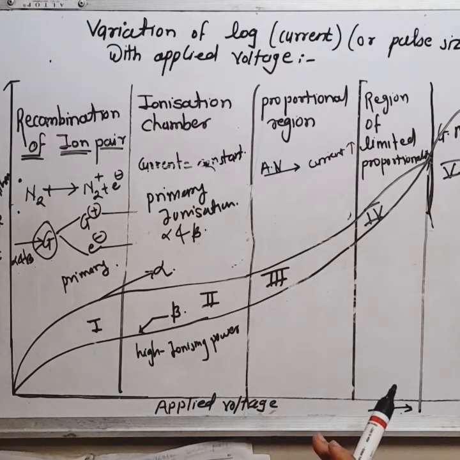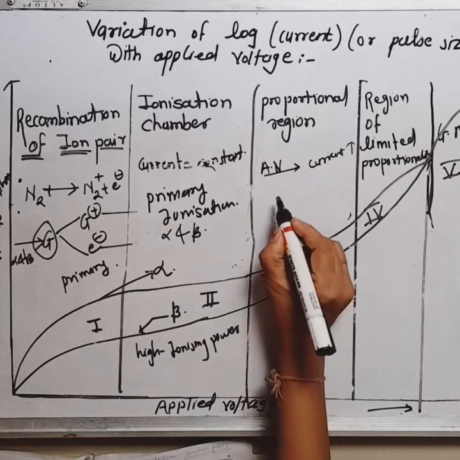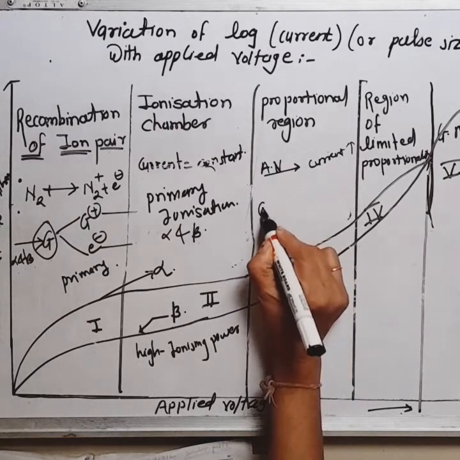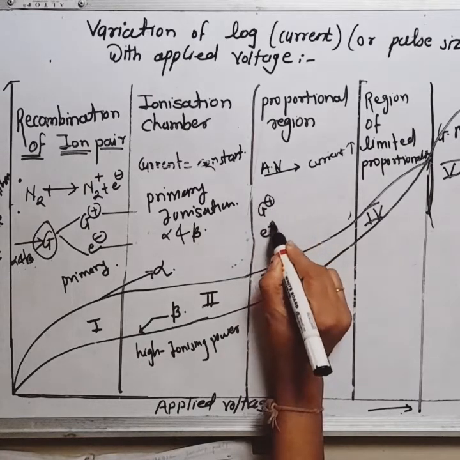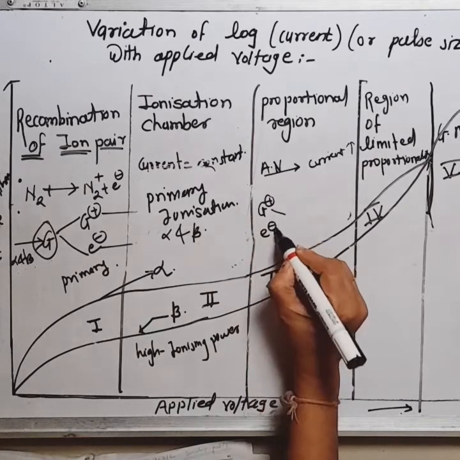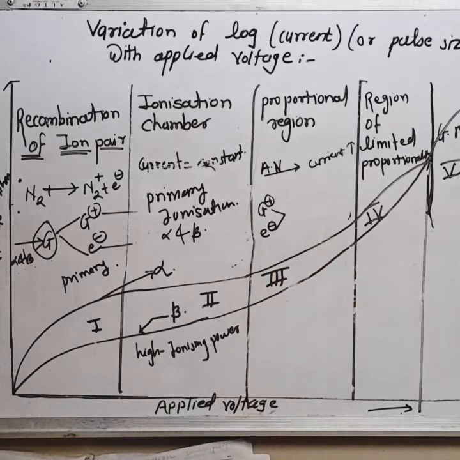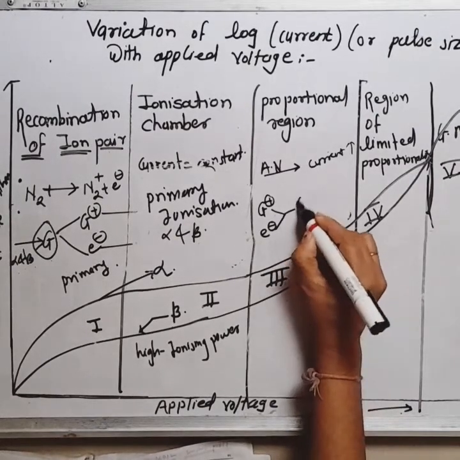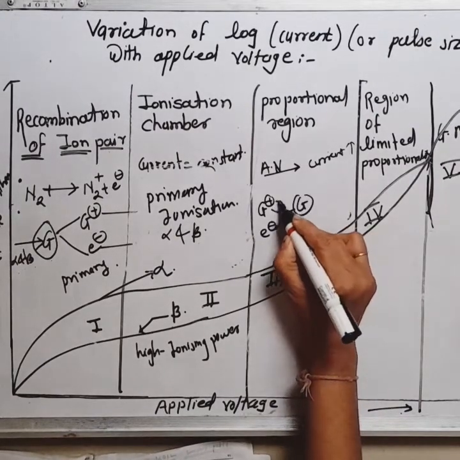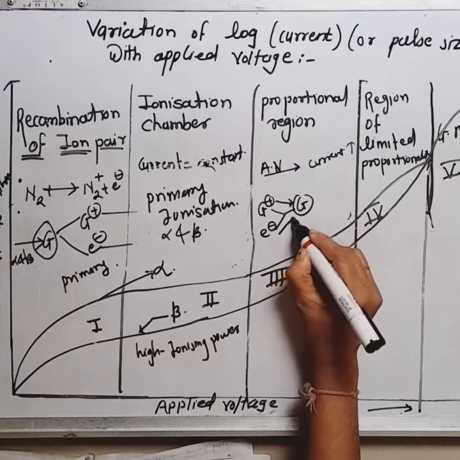Now the third one is known as the proportional region. Friends, this region is very important because the current increases with the applied voltage. But in this region, some charged particles have some amount of kinetic energy, and that kinetic energy is given to the positive and negative ions.